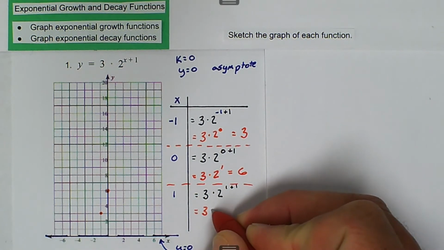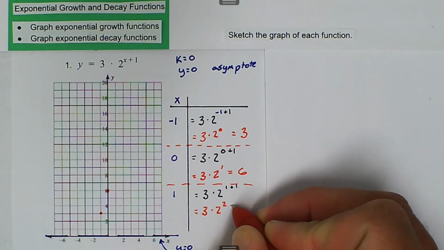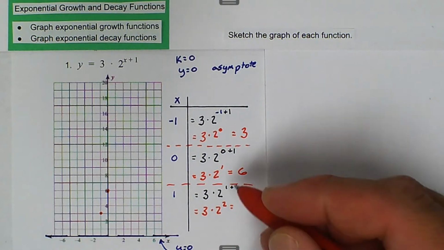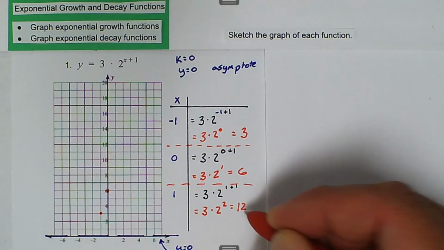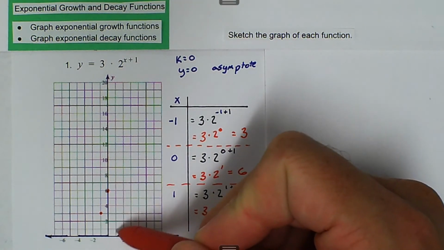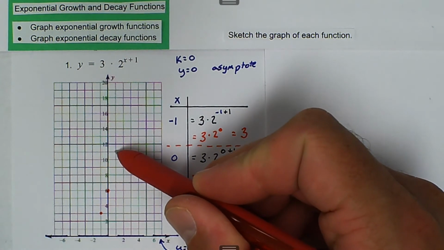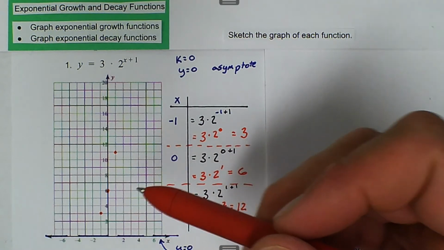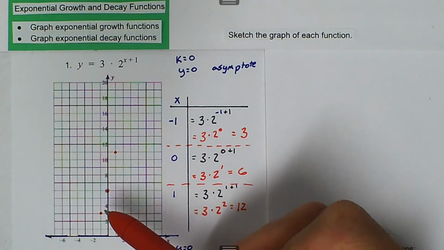So it's going to be 3 times 2 squared. 2 squared is 4 times 3. That's equal to 12. And so we have the ordered pair 1, 12. And then we can kind of figure out where the rest of the points are from that.